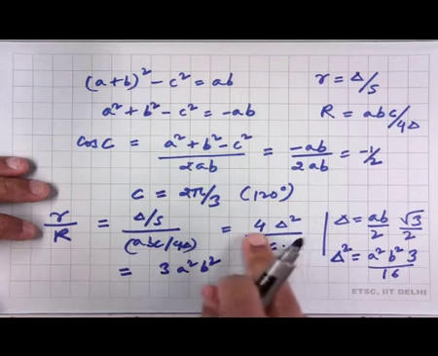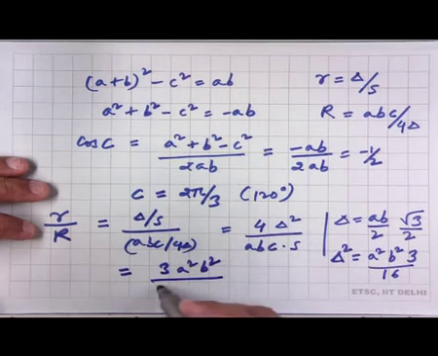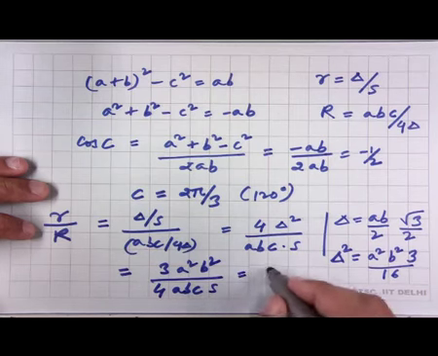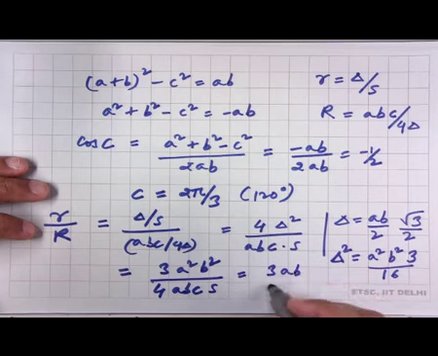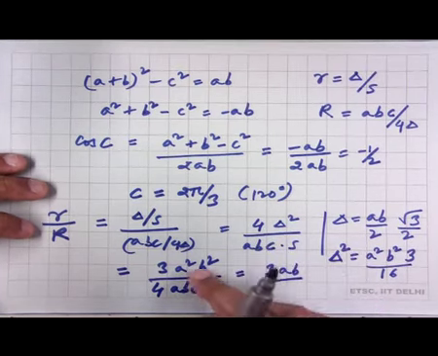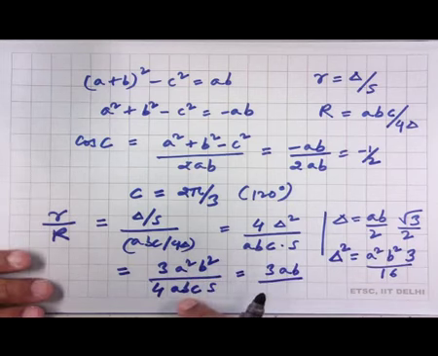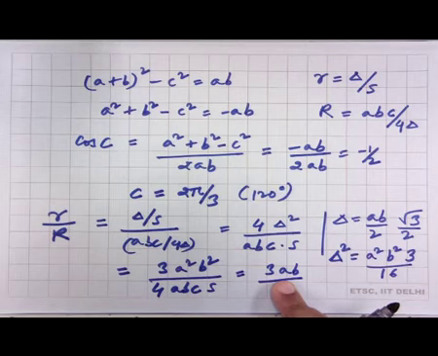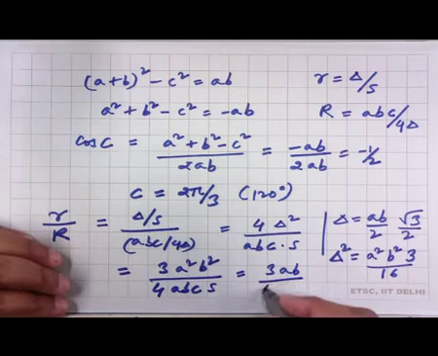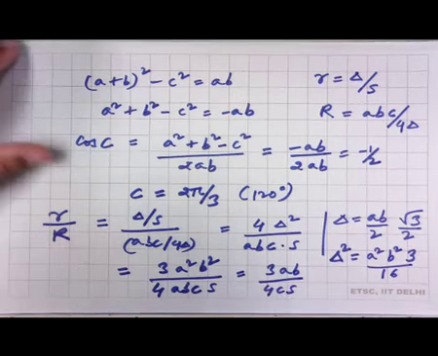We already have a 4 here, so we will get 4 in the denominator, ABC times S, which is equal to 3 AB upon... So, the AB square and the AB in the denominator will get cancelled, and what will remain is only AB in the numerator, and this AB is y. So, we have been successful in getting y in the numerator, divided by 4 times C times S.